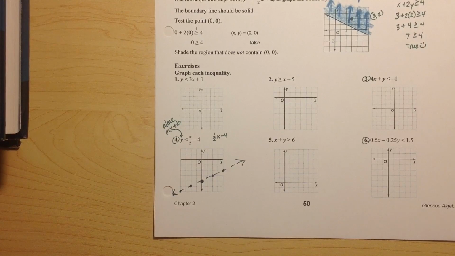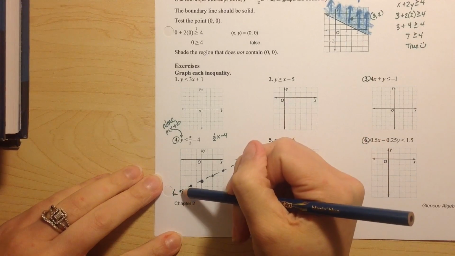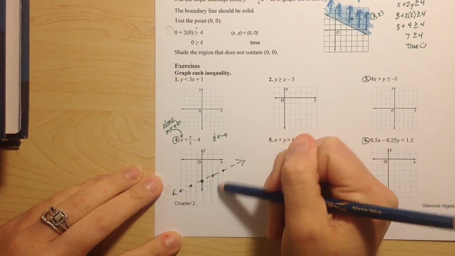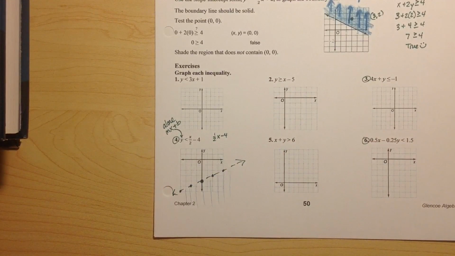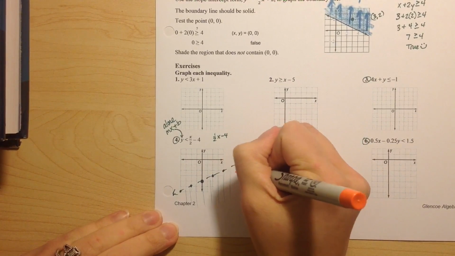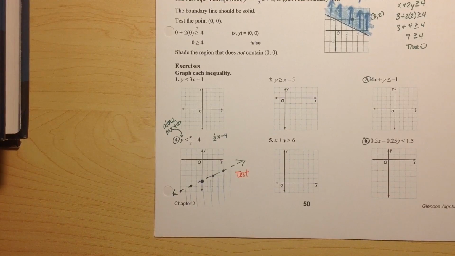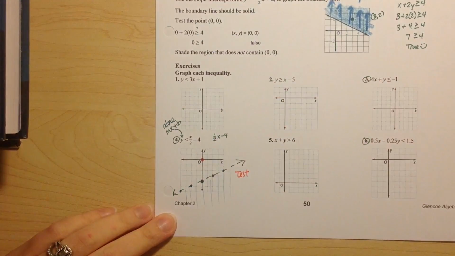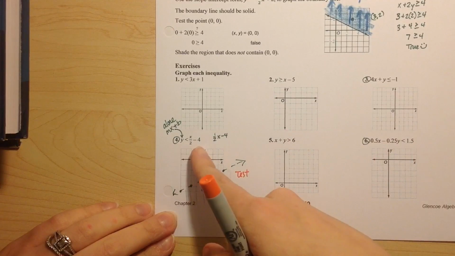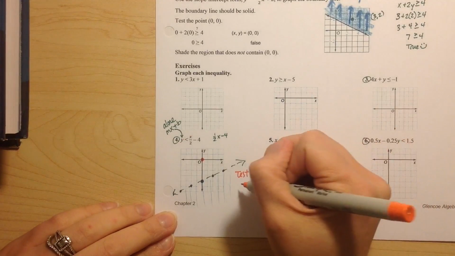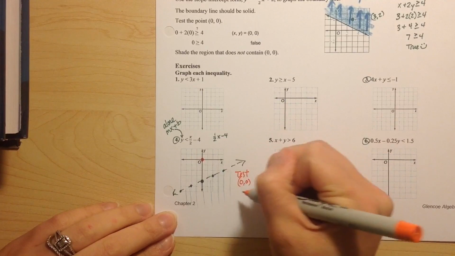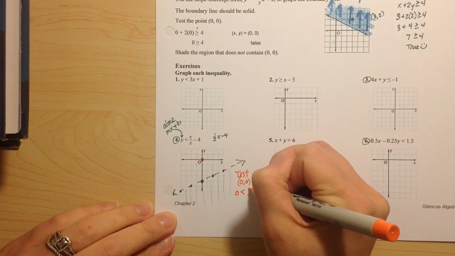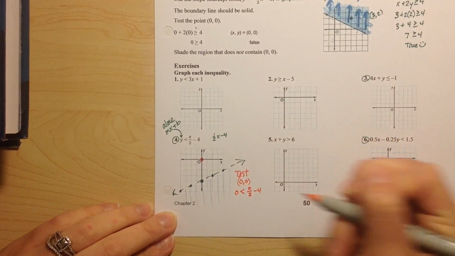And because it is less than, I'm thinking I need to shade below, but I'm going to test a point just to be safe. Let's test any point. In fact, let's do a bad test to show you what a bad test looks like. Let's test this point up here, 0, 0. It's nice to test 0, 0. The math is really easy. So it should be able to fit in my original inequality and be correct. So if I test 0, 0, I should be able to say 0 is less than 0 over 2 minus 4.